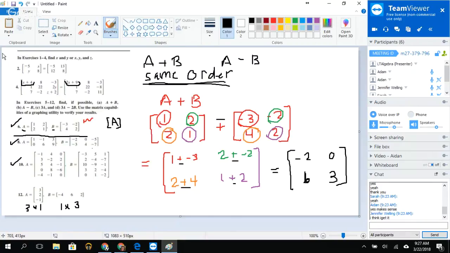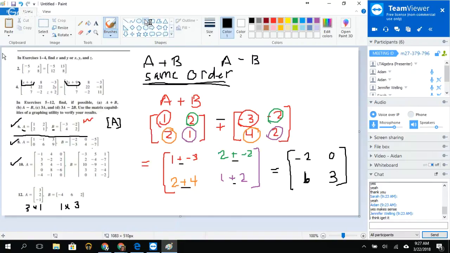So I think matrix addition and subtraction is pretty straightforward, right? Pretty easy. Just add those elements together. Okay, so that's addition and subtraction.